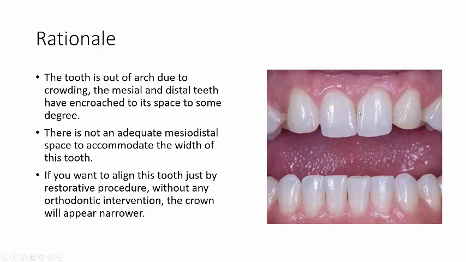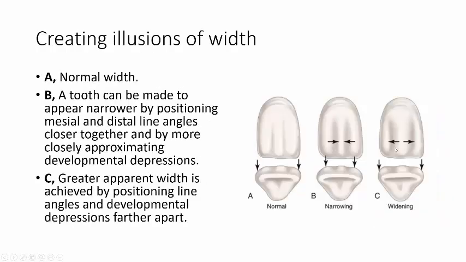But if we want to make it appear of natural or normal width, like its adjacent tooth, the other central incisor, then we can play the trick by positioning line angles and developmental depressions farther apart, and it will appear as if it is of normal width.